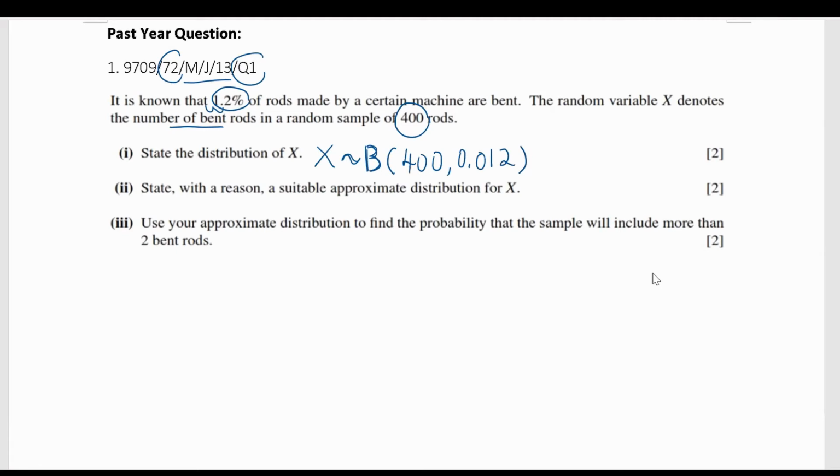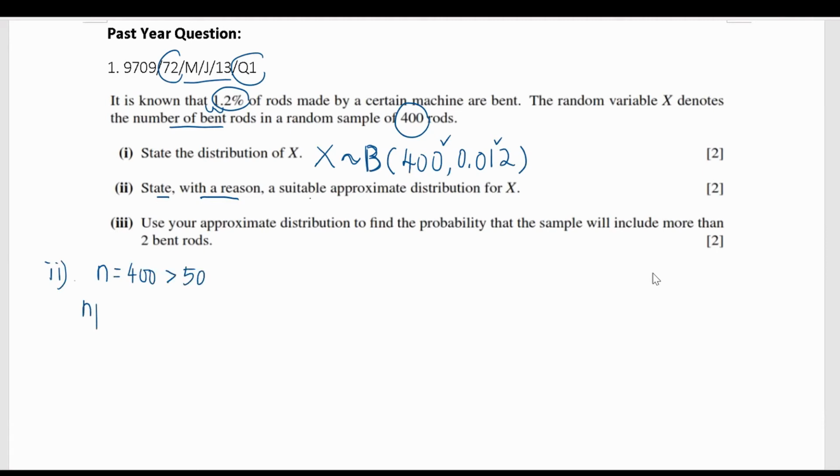With such a large n and a small p, part 2: state with a reason a suitable approximate distribution for X. What are the reasons we have? n equals 400, which is larger than 50.